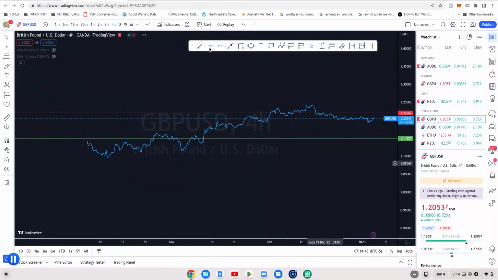And now I press my horizontal line, and I'm going to turn this line gray. Let me delete this tab. All right, and turn this line gray.